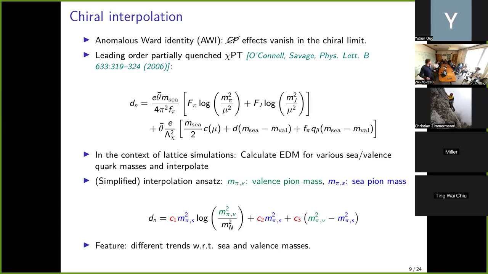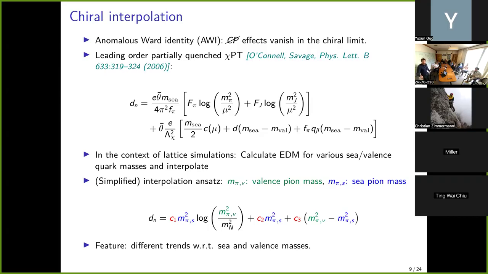Also, I have a question. So the C1, C2, C3, those are just LECs you have to fit. Right, exactly. In partially quenched ChPT, they have certain prefactors here that do not exist on the lattice. In our case, we just have prefactors which are basically fit variables.